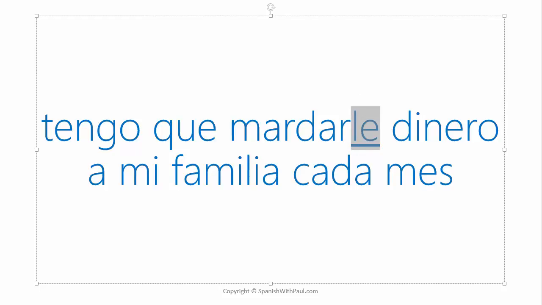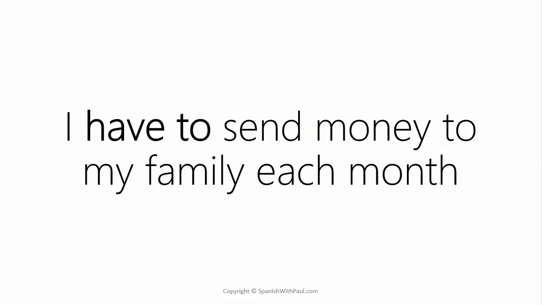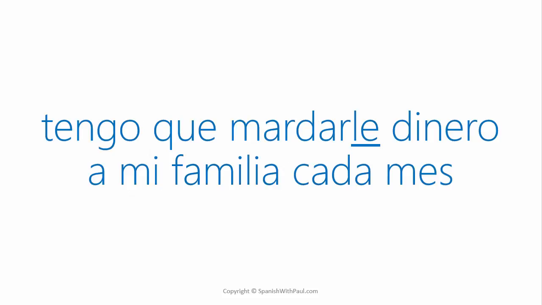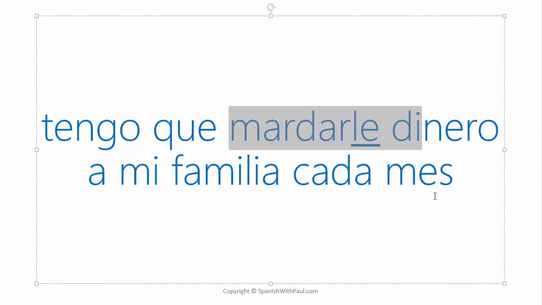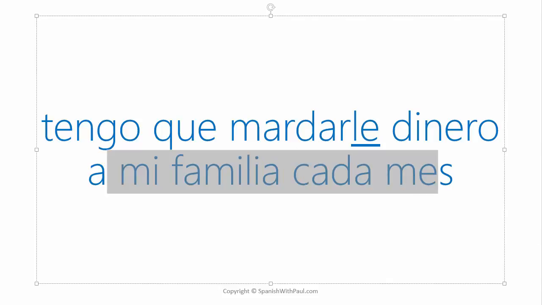Okay, so once again, how would you say I have to send money to my family each month? Tengo que mandarle dinero a mi familia cada mes. So I have to send to it money to my family each month.